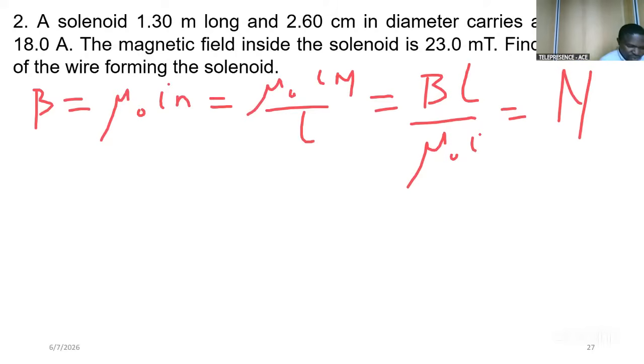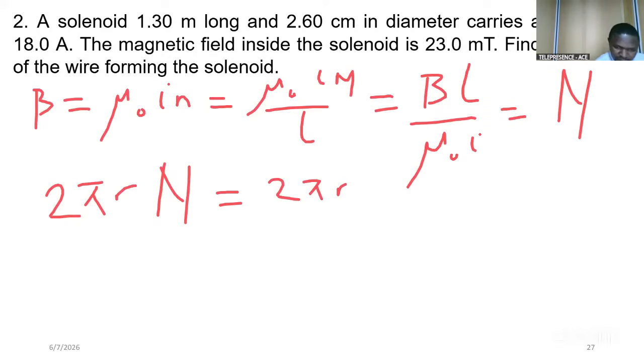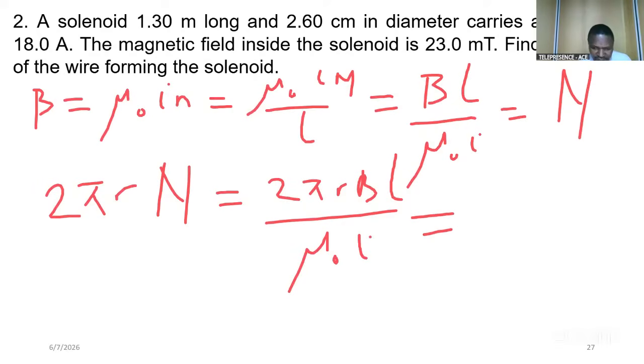After we have determined this one, we can now say this is a diameter which actually makes up a toroid. You can now say 2 pi R N equal to 2 pi R B L all over mu naught I. If we do it correctly, we should be able to get 108 meters as the length of the wire forming the solenoid.